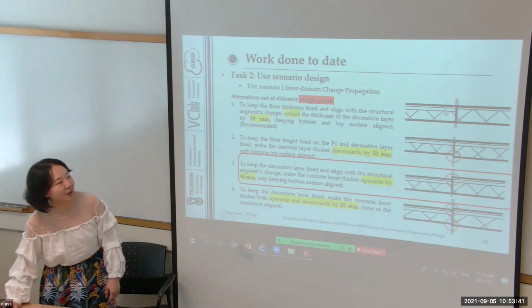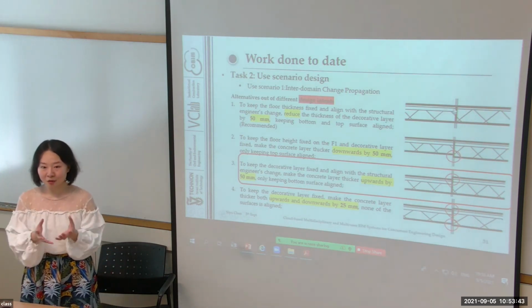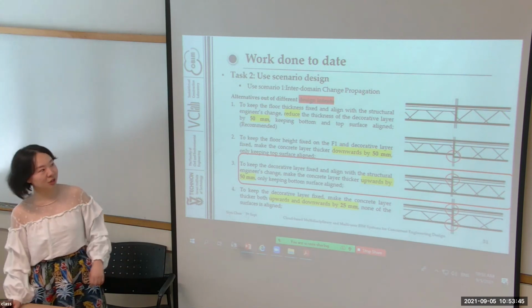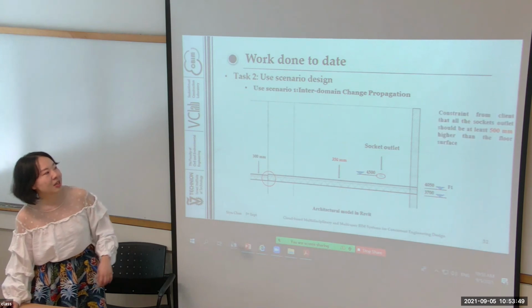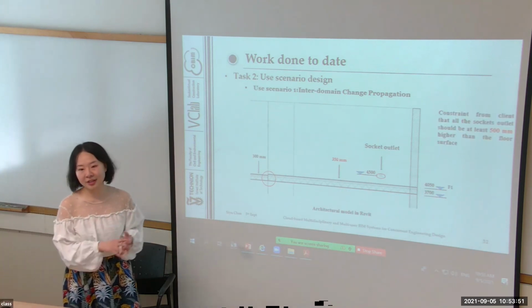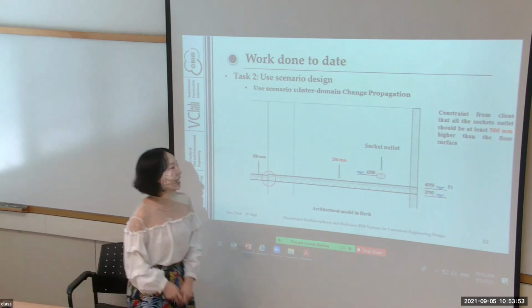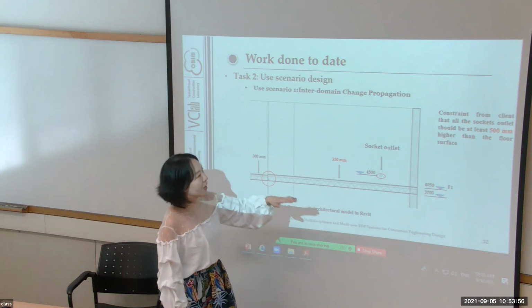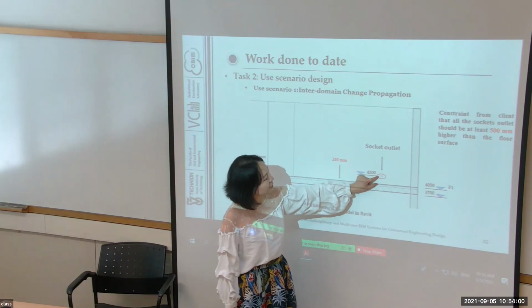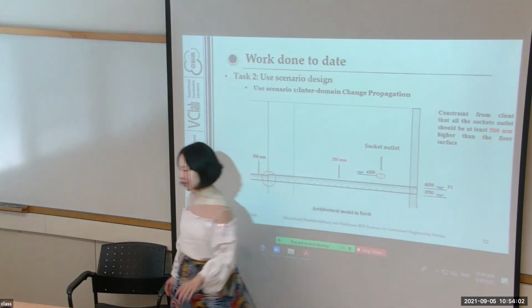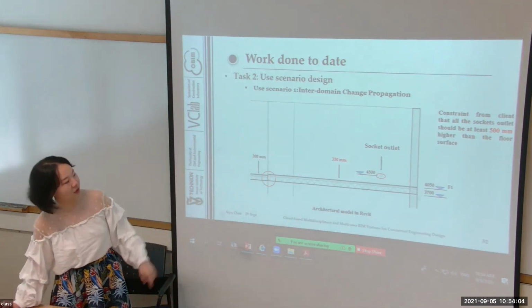Why? There is a conflict, but it's not from the structure model. It's from the MEP model, because there is a constraint from the client saying that all the socket outlets should be at least 500 millimeters higher than the floor surface.